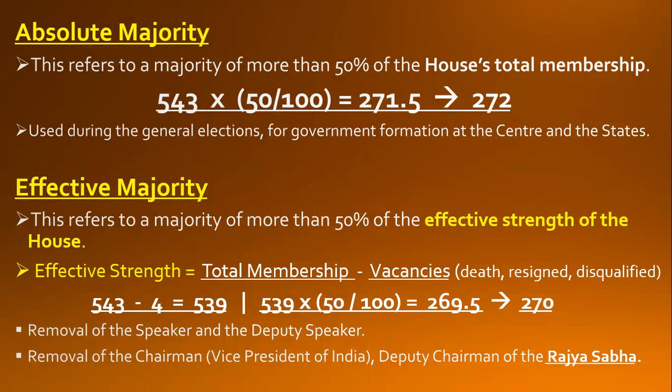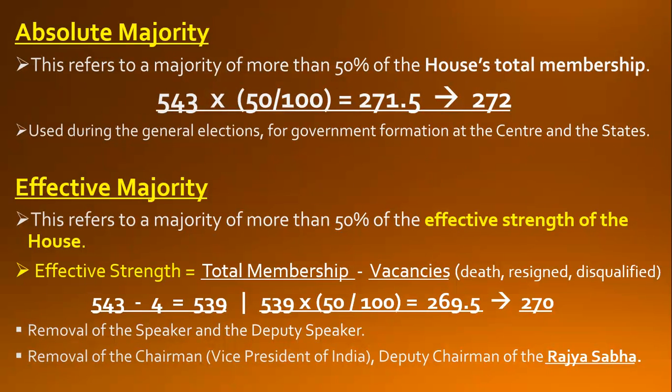We will discuss this when we study the Lok Sabha and Rajya Sabha. For the time being, just understand that vacancies can be created due to death, resignation, or disqualification. So suppose there were 543 members, now one member died, one member resigned, and two members were disqualified.